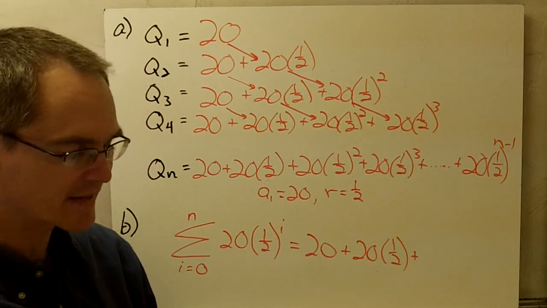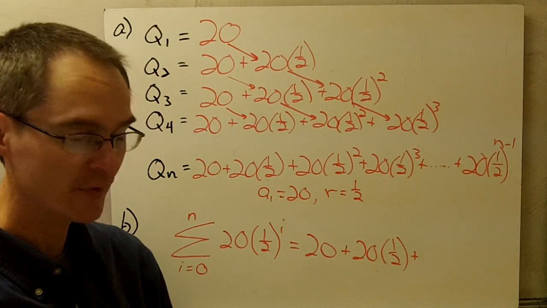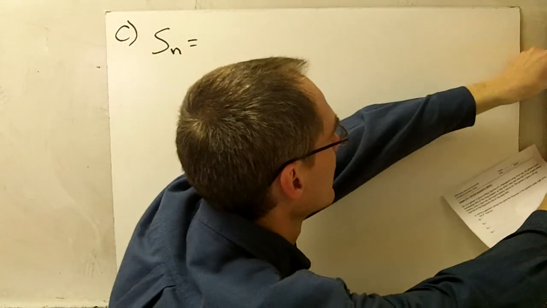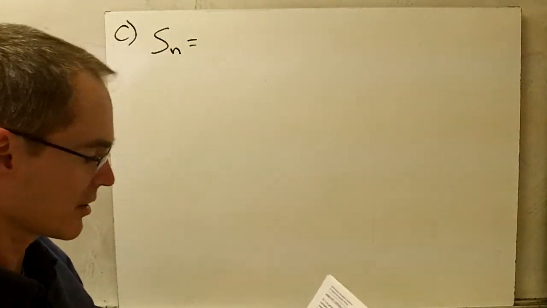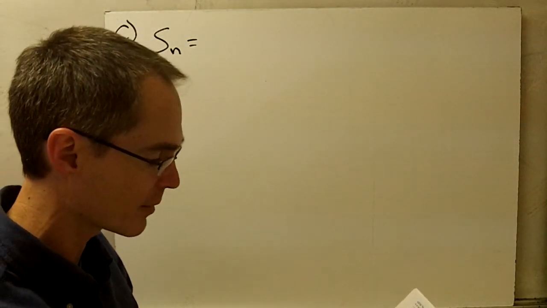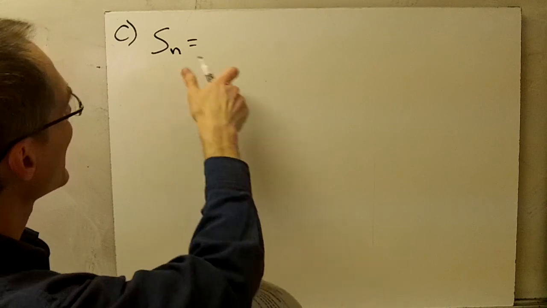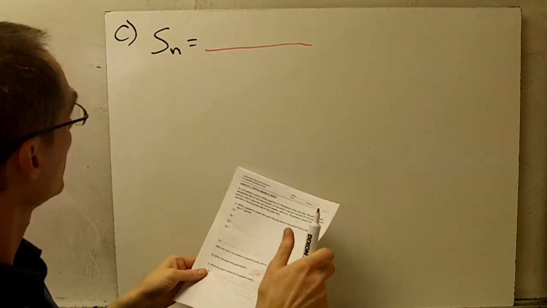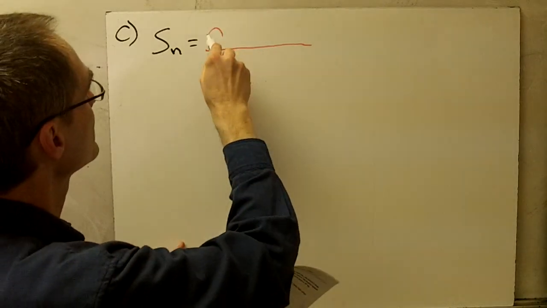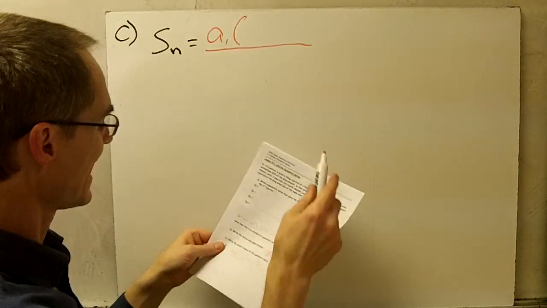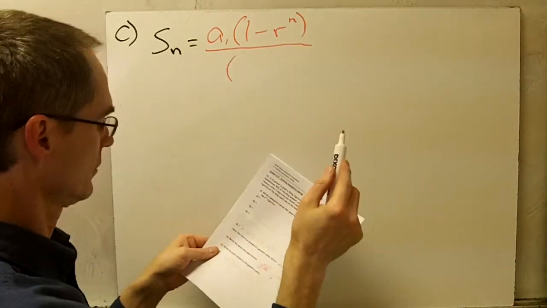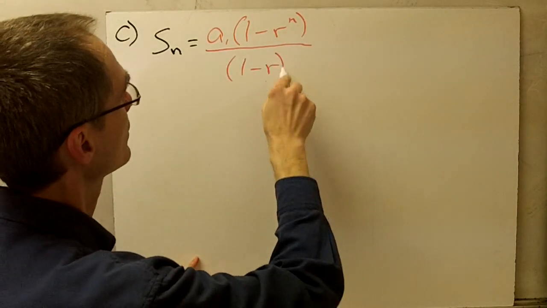Part C says write the explicit formula for this geometric series. Well, once again, I already know how to do this, because I know what my first term is, and I know what my ratio is, and I know that the formula for the sum of a geometric series is a sub 1 times 1 minus r to the n over 1 minus r.